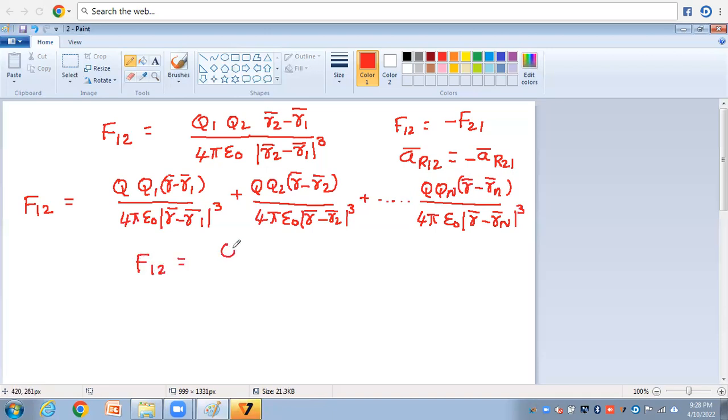F12 equal to Q by 4 pi epsilon naught into sigma K equal to 1 to capital N, QK into R bar minus RK bar, by modulus of R bar minus RK bar, cube. Okay, fine. Now I will do save now.